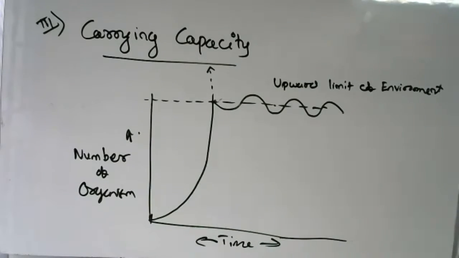The horizontal line in the graph indicates the maximum number of organisms the environment can support.